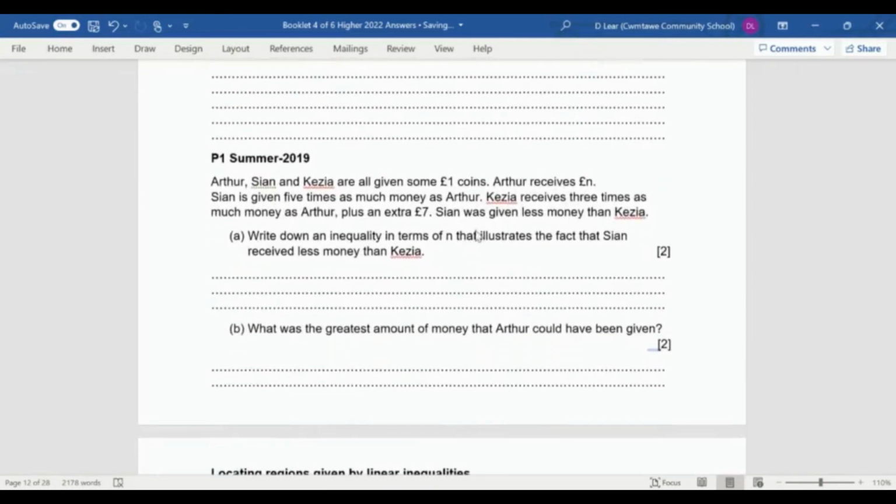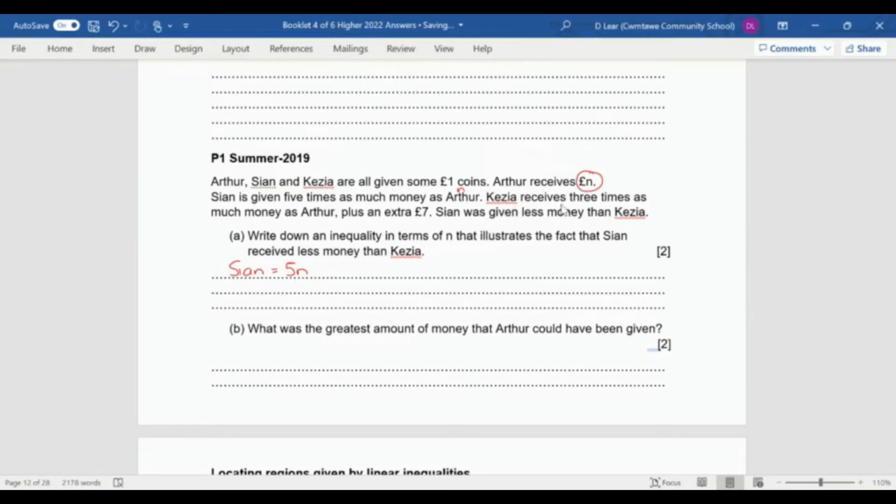Here we have to form the inequality, then solve it, and then find the greatest or smallest, whatever it asks us for in part B. Arthur, Sean, and Kezia all have some £1 coins. Arthur receives n pounds. Sean is given 5 times as much money as Arthur. So if Arthur has n and Sean is given 5 times as much, then Sean has 5n, 5 lots of what Arthur had.